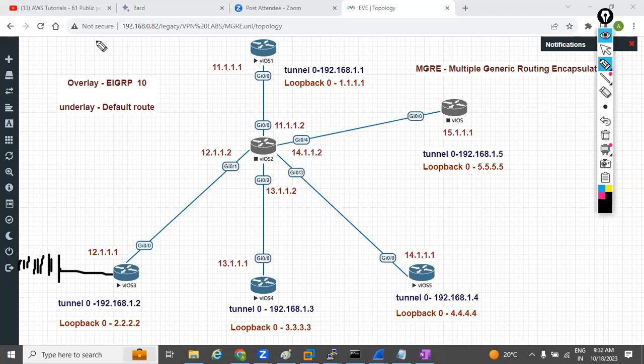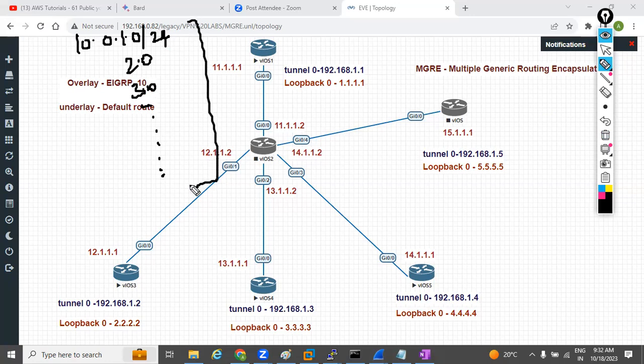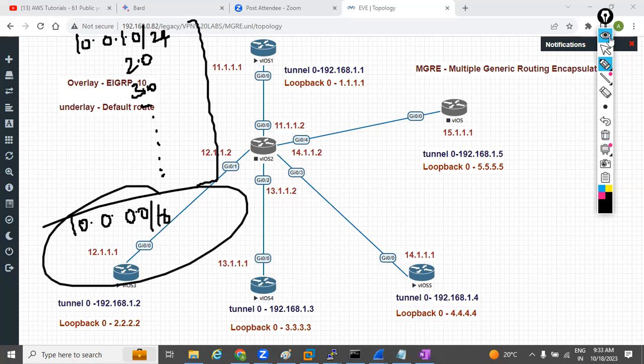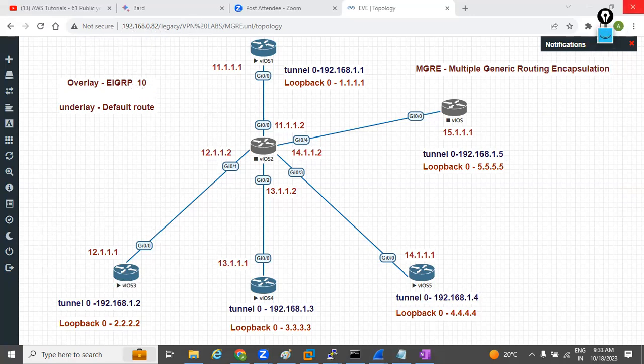Let's consider you are using 10.0.1.0/24, then 2.0, 3.0, 4.0, multiple networks. Instead of advertising these multiple networks, I'll advertise the whole network. This is the summarization. Okay, got it.